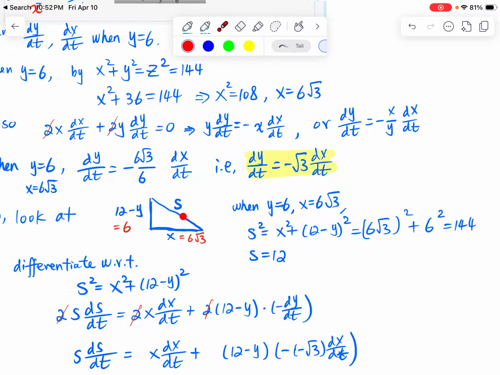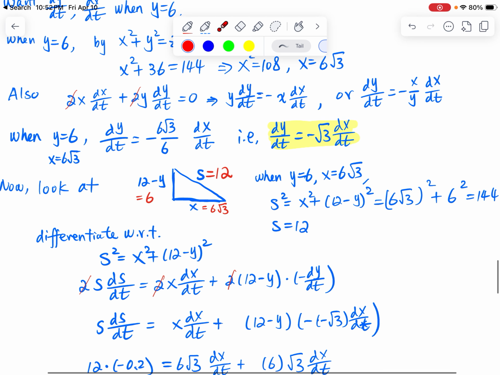So s squared is equal to x squared plus 12 minus y squared. And we do know at that moment x is 6 root 3. And then 12 minus the 6 is 6. So 6 squared, it turns out to be 144. And s is 12. So at that moment, s is actually 12.